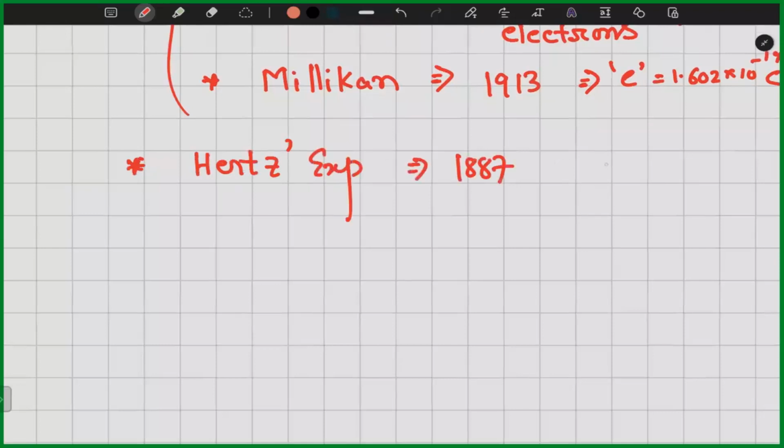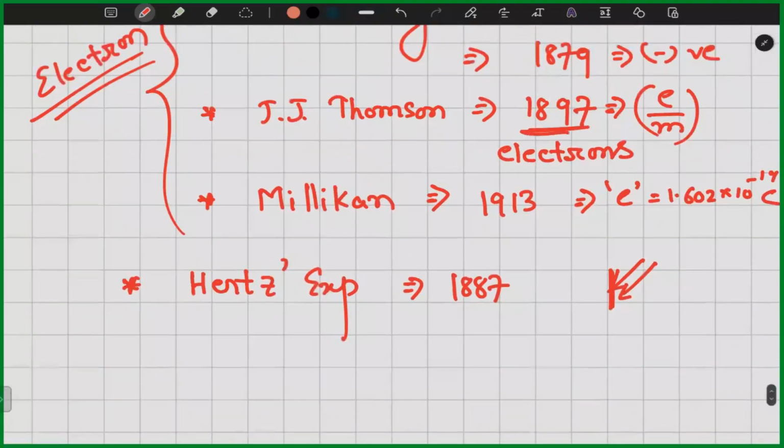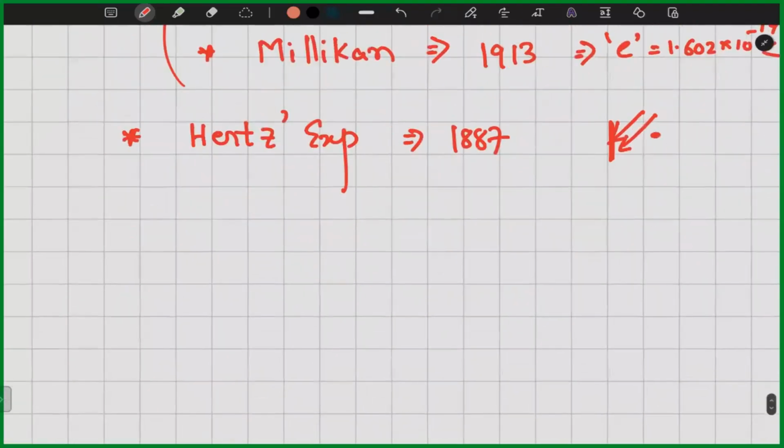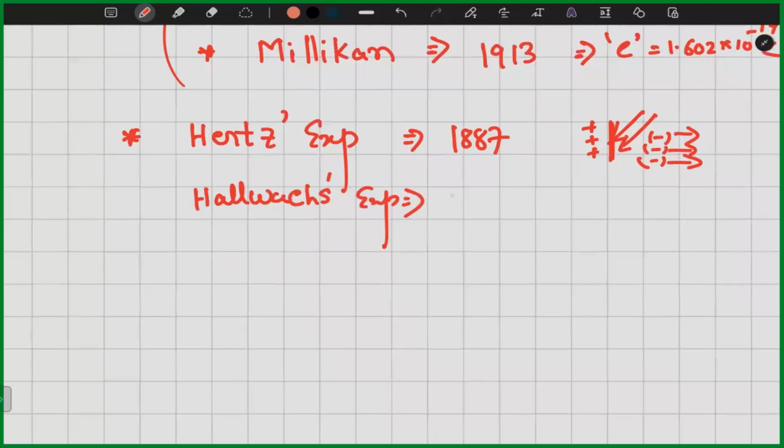It was discussed that when light is irradiated on metal, some negatively charged particle, not yet known as the electron at that time, is emitted from there and the metal becomes positively charged. After that, Hallwachs's experiment: he took a negatively charged zinc plate, and after emitting the negatively charged particles from there, it becomes neutral, and after that it becomes positive.